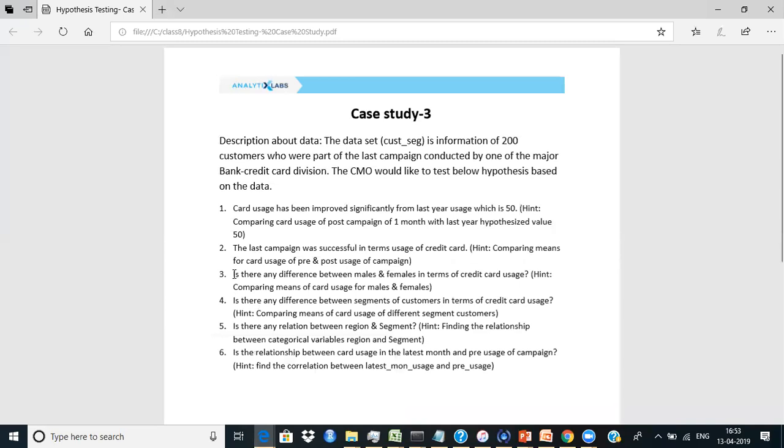Yes. The third point, look at the statement. Is there any difference? So the alternate is not equal to. There is a difference.